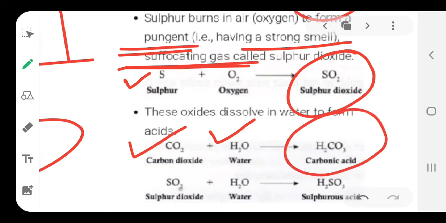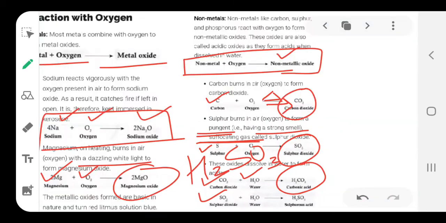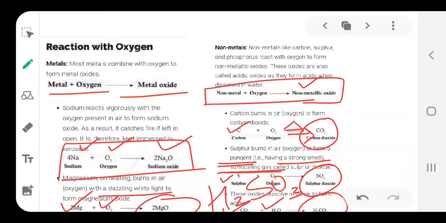Carbon dioxide dissolved in water forms H2CO3, carbonic acid. Again, when we dissolve sulfur dioxide in water, we get sulfurous acid. Make sure the formula is H2SO3. So these are some of the properties of metals and non-metals when they combine with oxygen.